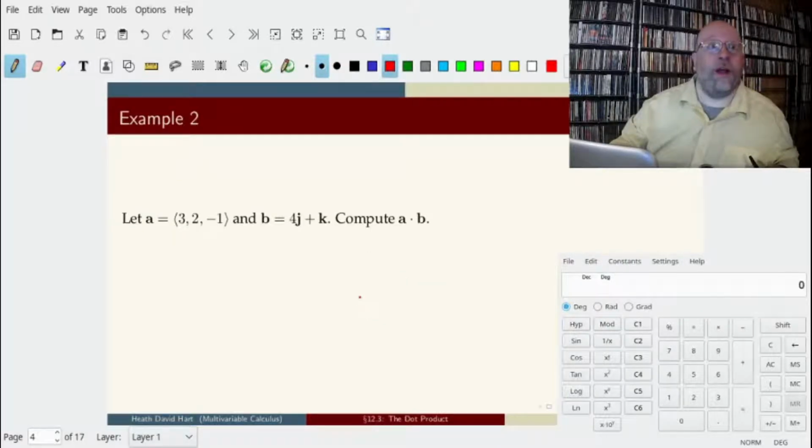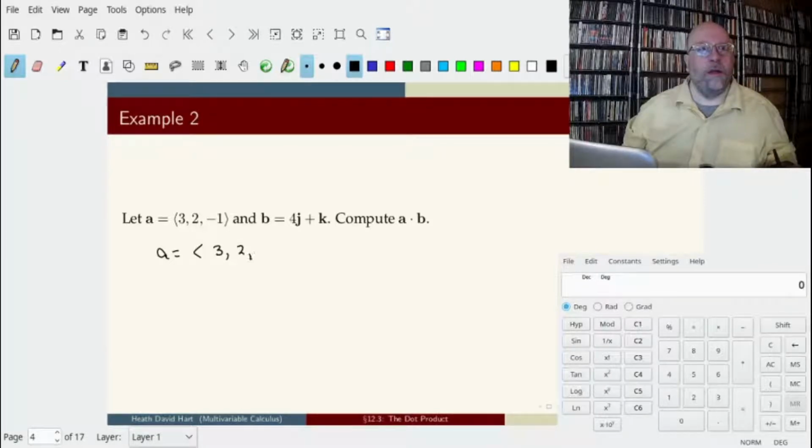Let's try another one. In this case, A is the vector 3, 2, -1. And B is the vector 4j and +k, 1k, and no i, so there's a 0 in the x direction.